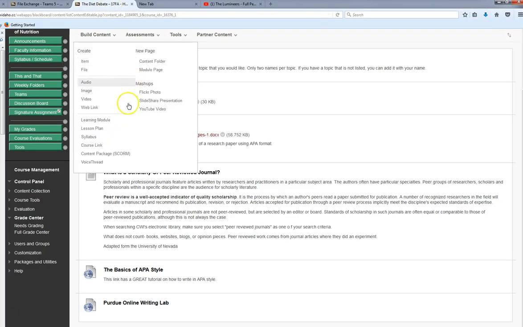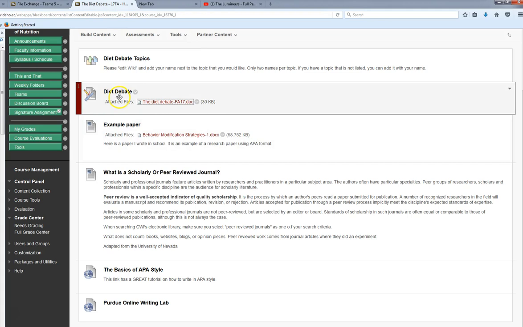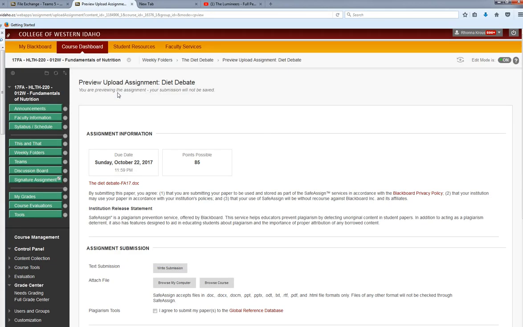Last but not least, I wanted to show you your submission portal for this, because for the diet debate, you will be using SafeAssign. Now, SafeAssign is a plagiarism check that will run your paper through the database, a national global database, against other student papers and then all resources out there.